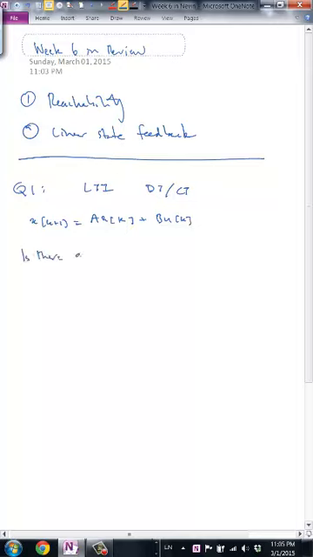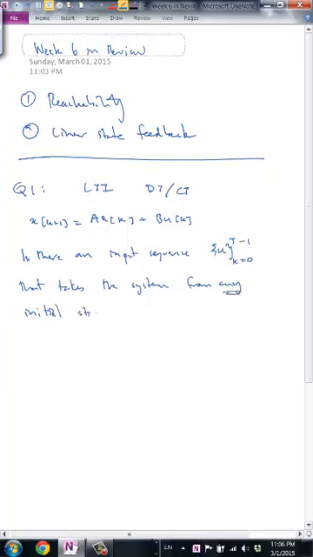Is there an input sequence u, from k equals 0 to some final time T minus 1, that takes the system from some initial state, and I should say from any initial state, let's call this x of 0, to any desired final state, x final?